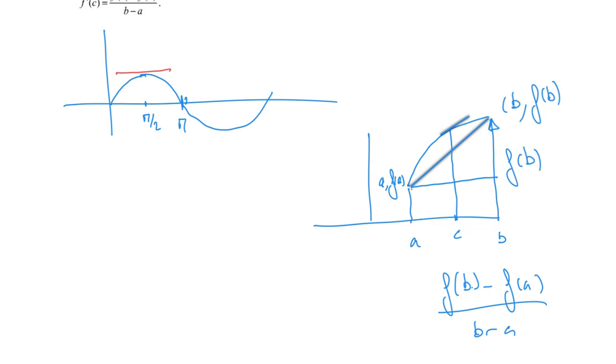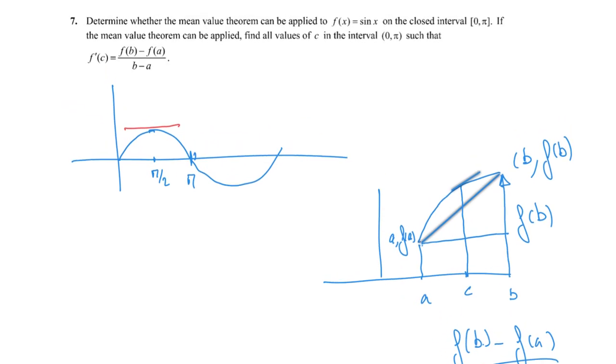In this case, I believe this is more or less the same. I found the point c in this graph. How will we find the point c in this graph for the example that they ask? This is the point A. The point A is 0. This is the point B. The point B is pi. f of A is 0 here. f of pi is 0 here. What is the slope?